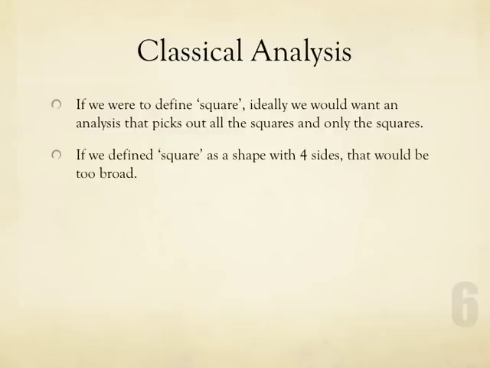And notice, bringing back counterexamples, if my definition is a square is anything with 4 sides, you can come up with a counterexample. You can come up with an example that counters the definition, hence the term counterexample.